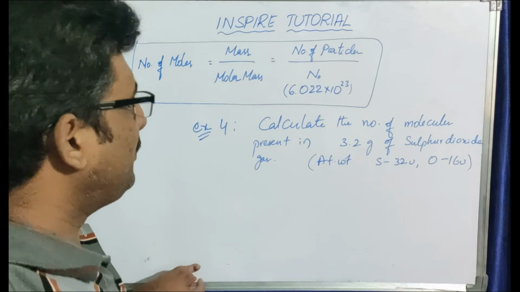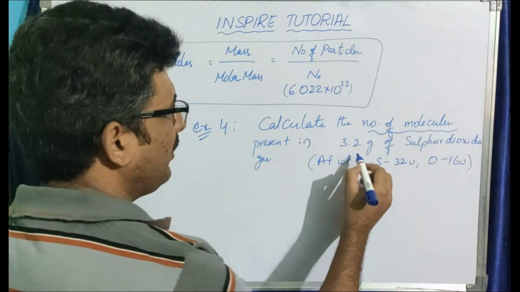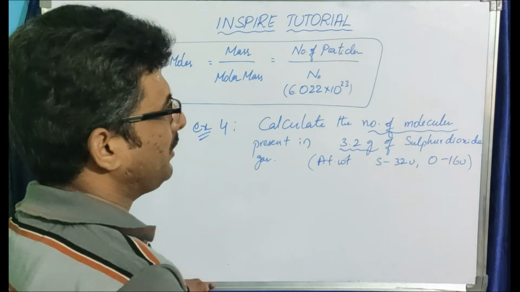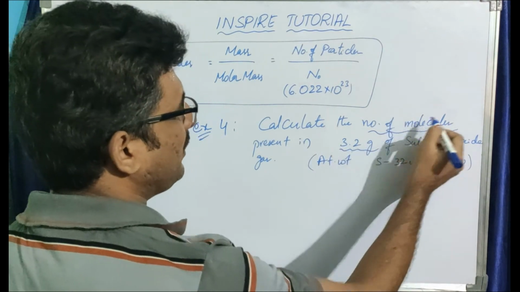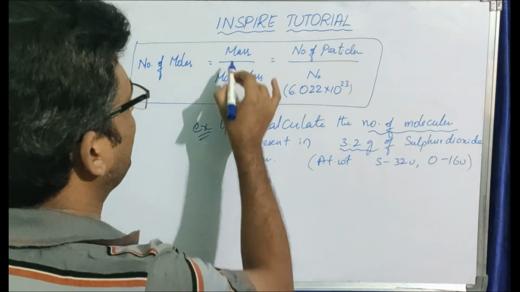So here the relation is between number of molecules and 3.2 grams. That means this is mass and this is number of molecules. Here the relation between mass and number of molecules is this one.